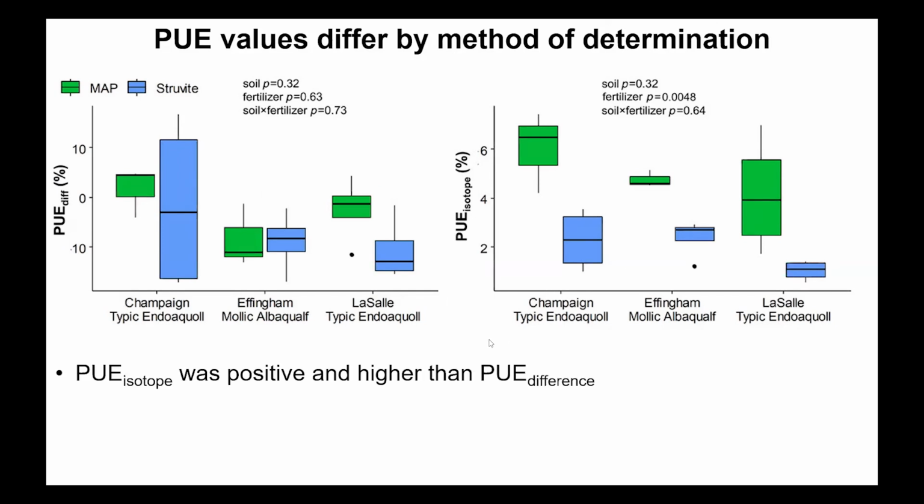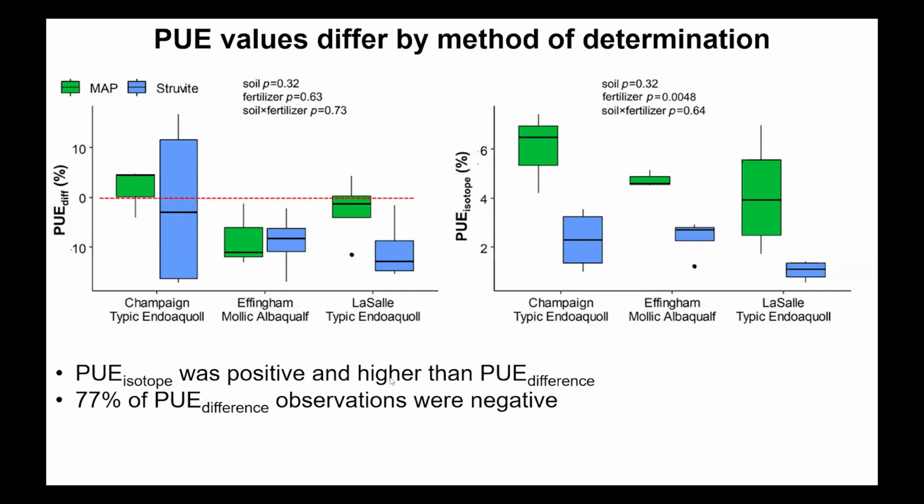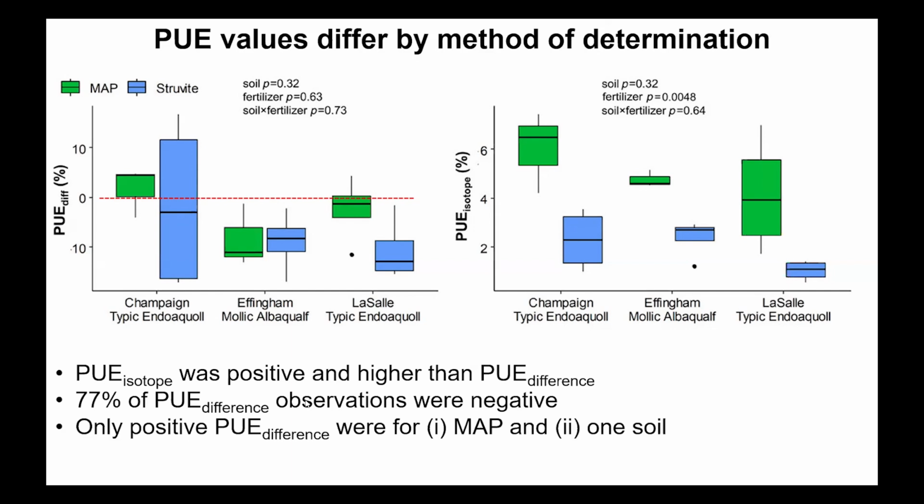So that's the first major finding. PUE by the isotopic method directly is positive, and it was higher than PUE by difference. The majority of observations for PUE by difference are negative. Three-fourths of them were under 0% PUE. They were only positive for one soil and only for MAP, the higher solubility P source.